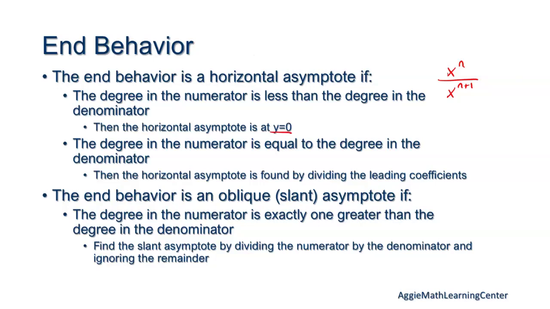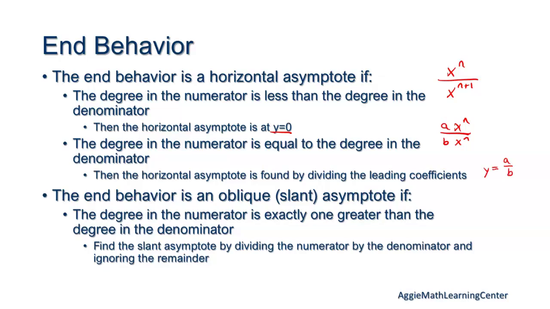If the degrees are equal, so you have x to the n over x to the n, and we'll put coefficients of a and b, then the horizontal asymptote is found by dividing the lead coefficients. So it'll be at y equals a over b. We take the leading coefficients of both and divide them if the degrees are the same.